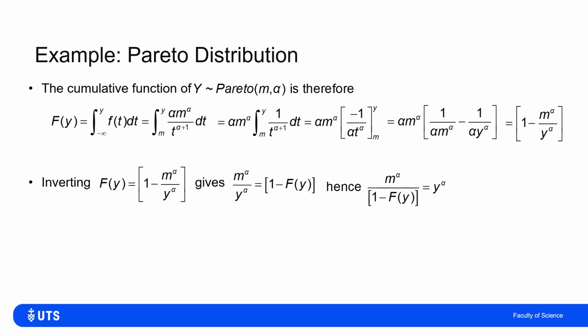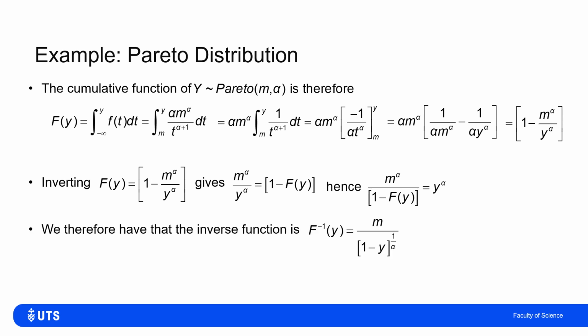What I want now is for y to be the subject of this, so I just need to take the alpha-th root of both sides, or raise both sides to the power 1 over alpha. So the inverse of the cumulative is m over 1 minus f to the 1 over alpha.